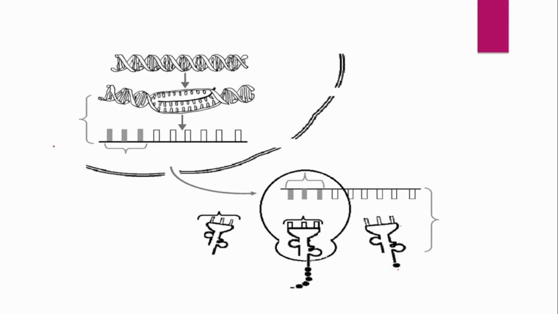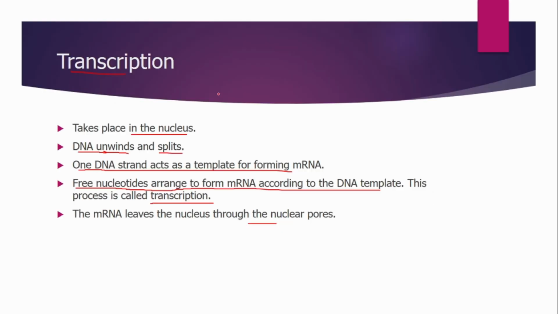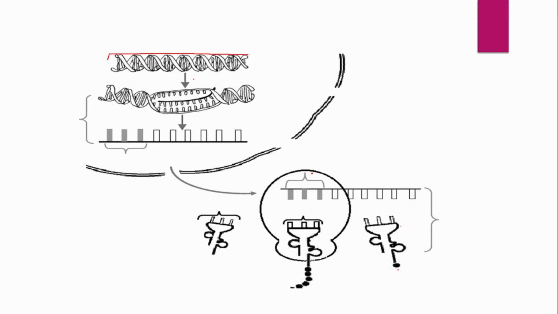Let's go to our picture. Here is DNA, in a double helix form. Number one, it is going to unwind. Here is the DNA unwinding. One DNA strand acts as a template for forming messenger RNA.